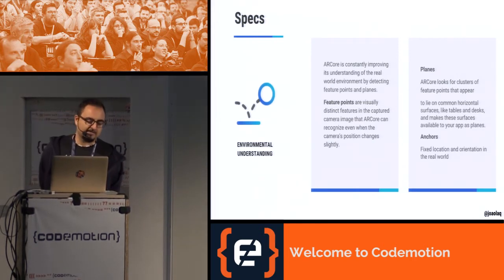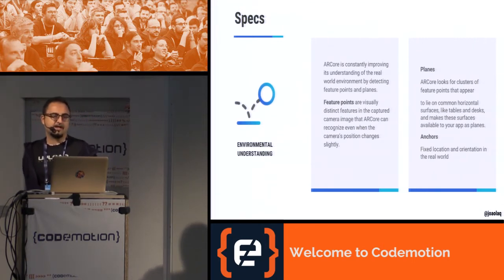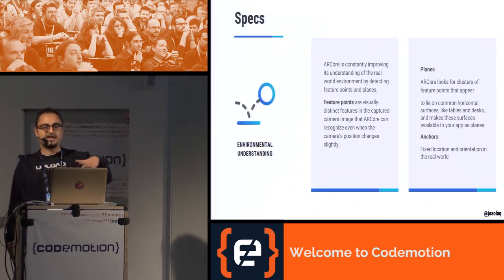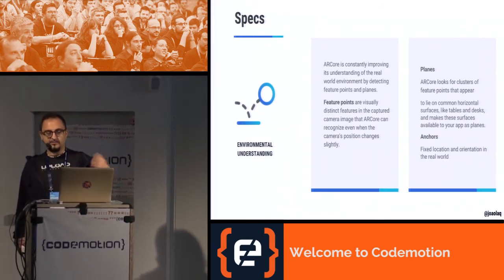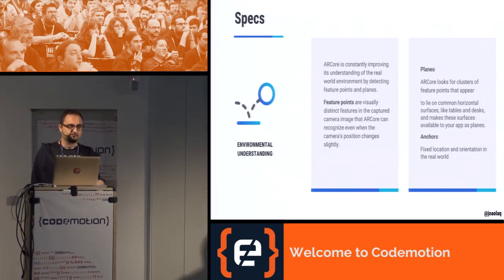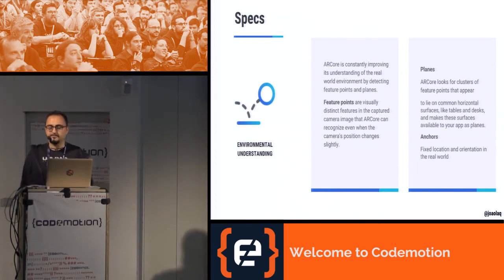Environmental understanding is also about detecting planes, because when you combine the feature points and the movement of the camera with the input of the sensor from the IMU, you can detect the plane. So ARCore does this for you and gives you the plane.